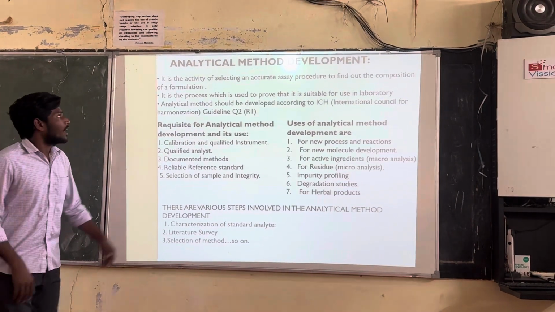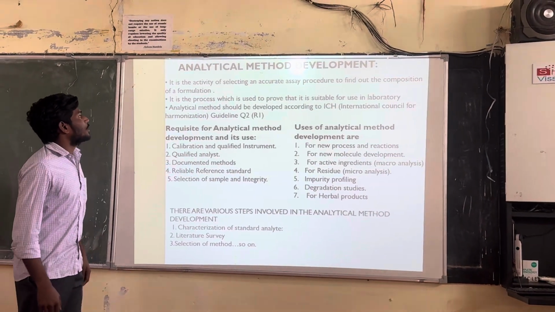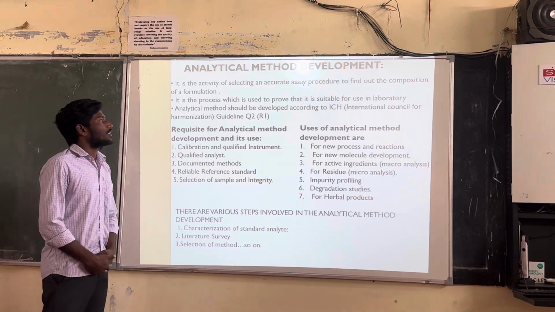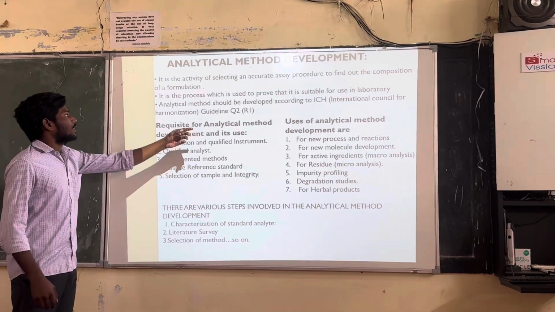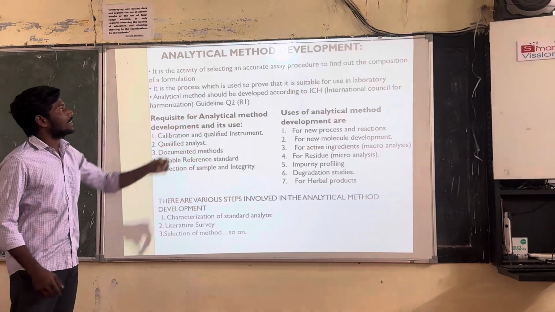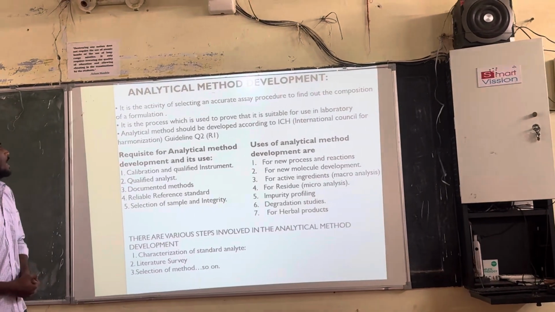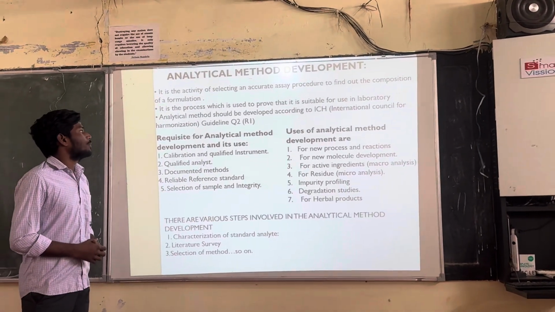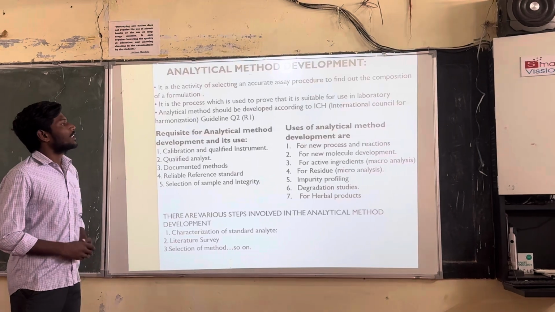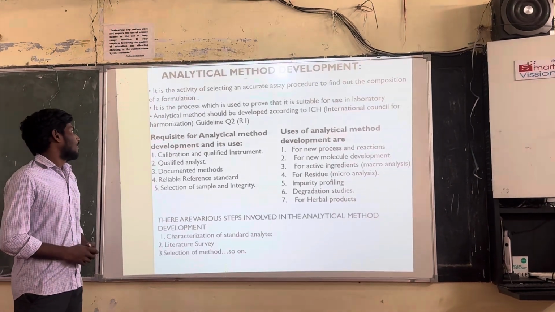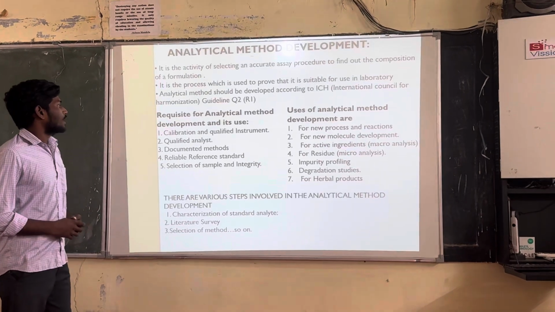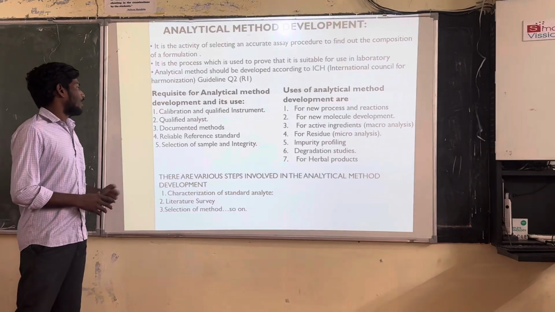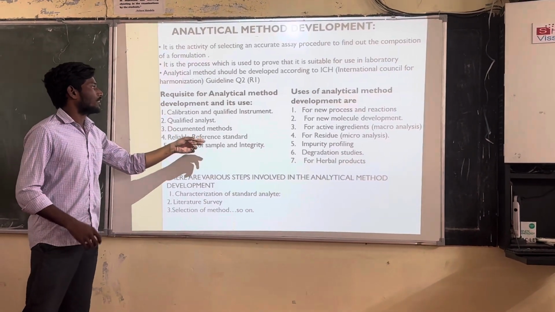My name is Ajay. Analytical method development. It is the activity of selecting an accurate procedure to find out the composition of the formulation. It is a process used to prove that the method is suitable for use in the laboratory. Analytical methods should be developed according to the International Council for Harmonisation. Requirements for analytical method development include calibration, qualified instruments, a qualified analyst and documented methods.